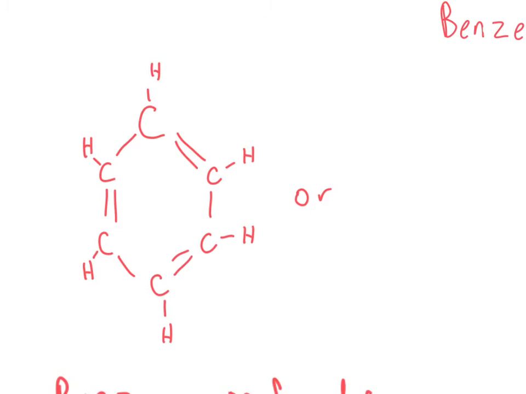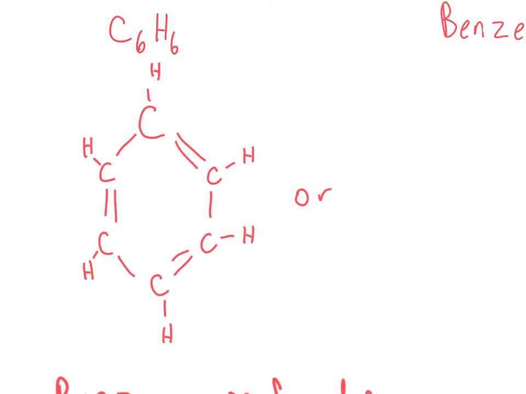And then off of every carbon, since every carbon now has 1, 2, 3 bonds coming off of it, you now have room for one more bond, which is where your hydrogens come off. And so our chemical formula for benzene is C6H6.